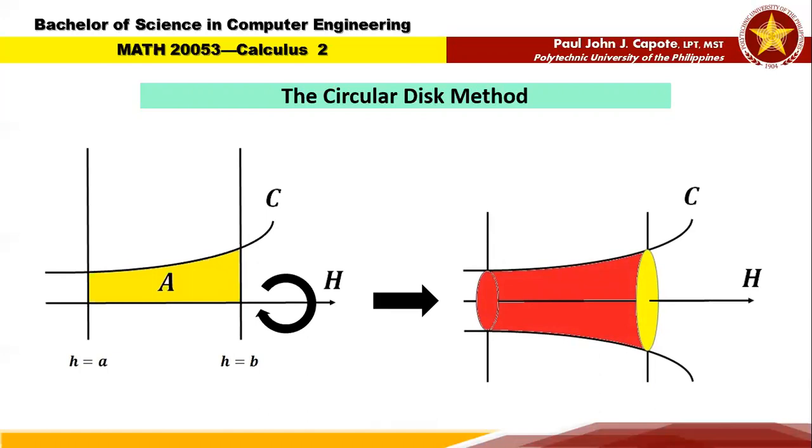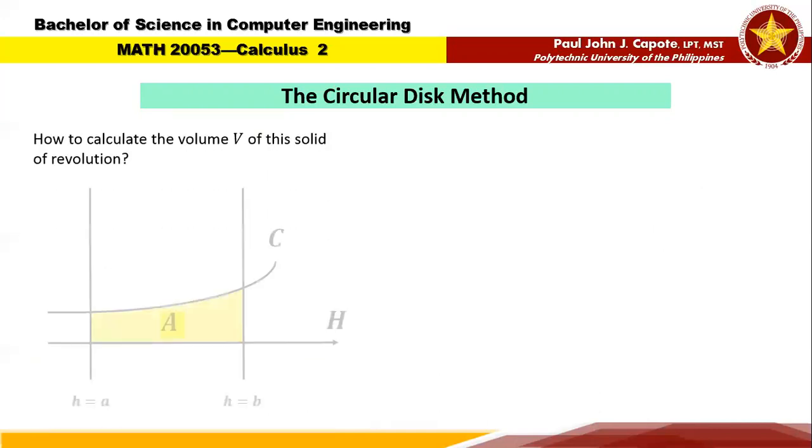Now our goal is to estimate the volume of this solid of revolution. How are we going to calculate the volume, represented by V, of this solid of revolution?